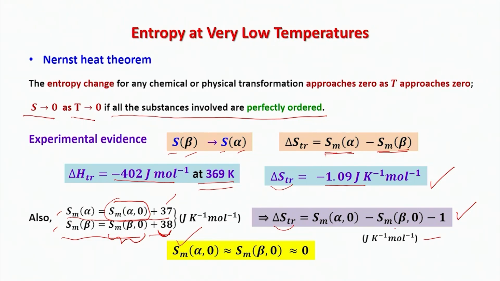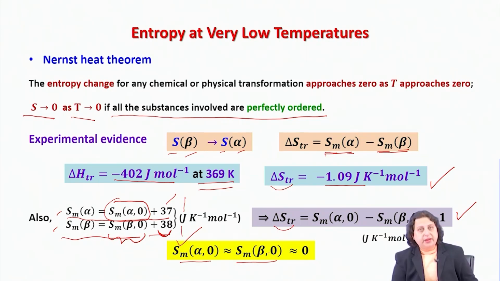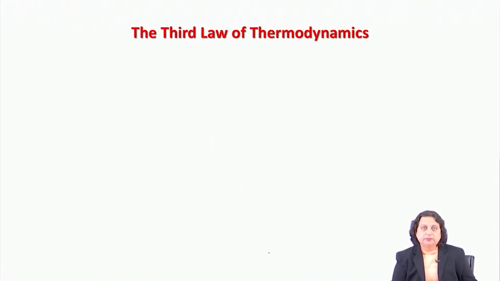And not only that, if you look at the amount of change over here, you would immediately conclude that the molar entropy of each of these phases at 0 temperature is a very, very small number, from where it was argued that the entropy of these systems would approach 0 as T tends to 0.